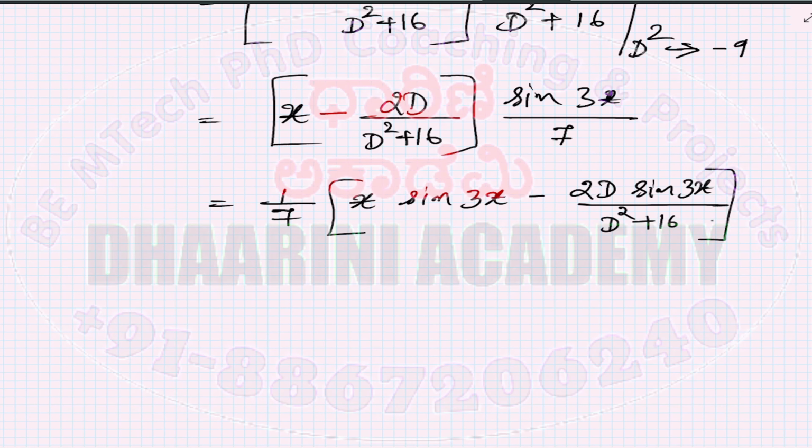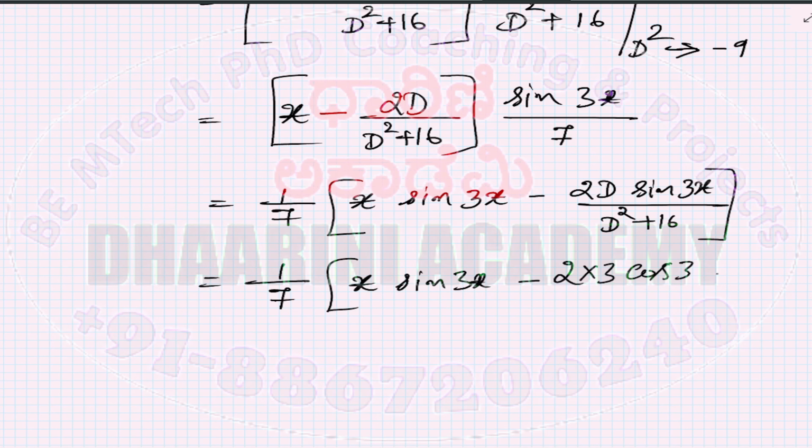So again, we'll simplify this as 1 by 7 into x into sine 3x minus 2 into differentiation of sine 3x, which is 3 cos 3x, by d square plus 16.